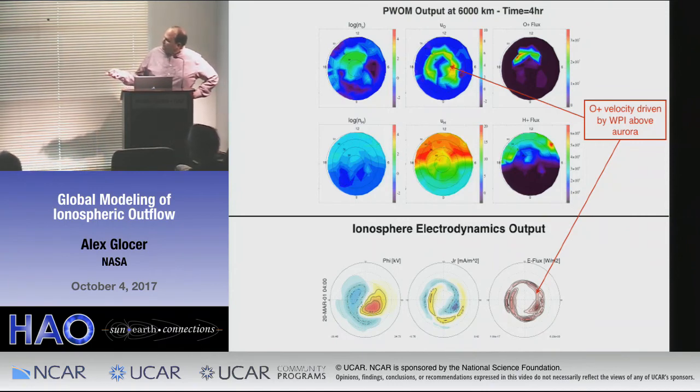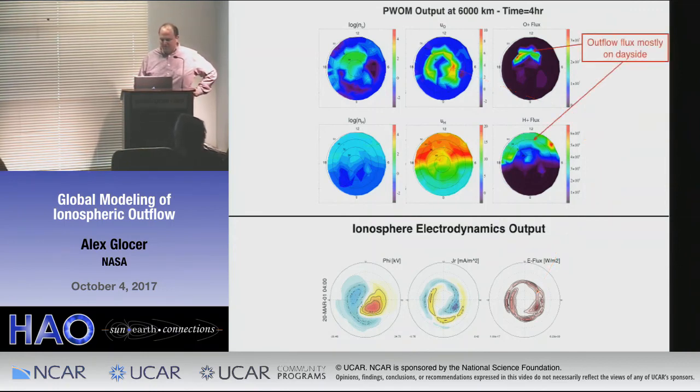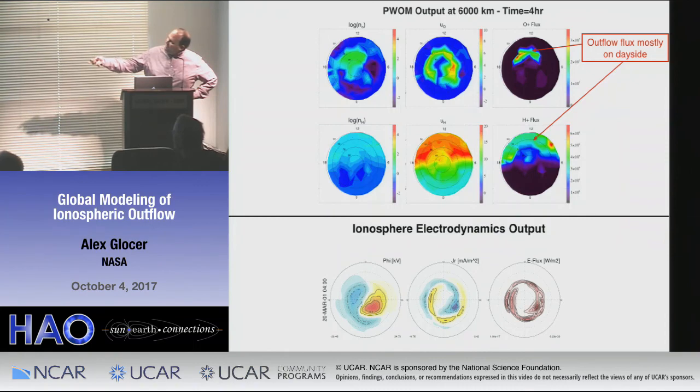But one interesting thing, I think the most interesting part, is that most of the flux is coming out on the day side, not on the night side. And even though, for O+, you have this outflow going all around the auroral oval, most of that flux comes out on the day side.